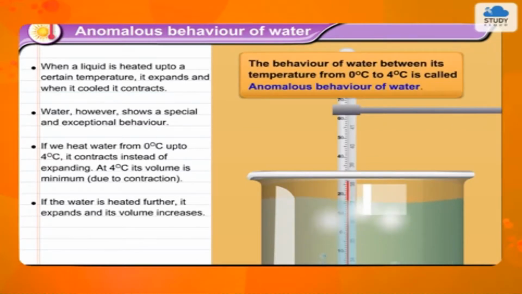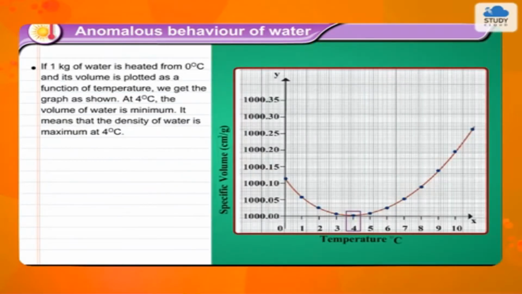The behavior of water between its temperature from 0 degrees Celsius to 4 degrees Celsius is called anomalous behavior of water. If 1 kg of water is heated from 0 degrees Celsius and its volume is plotted as a function of temperature, we get the graph as shown. At 4 degrees Celsius, the volume of water is minimum. It means that the density of water is maximum at 4 degrees Celsius.